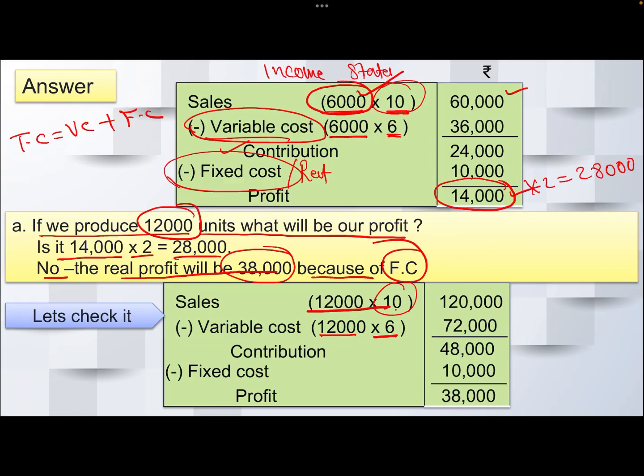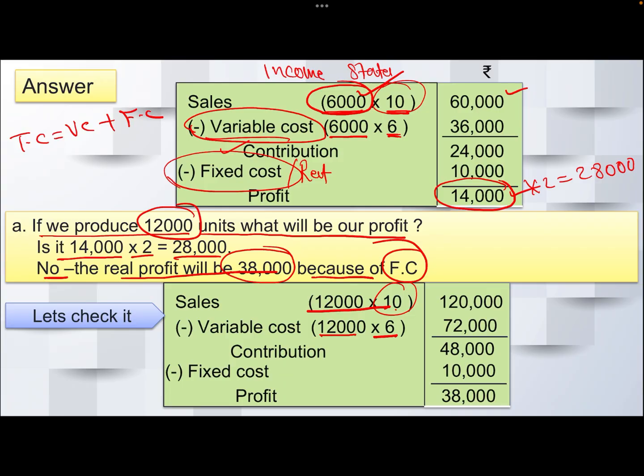You know one thing: if we get a question from this particular area, marginal costing, first you should try to prepare the marginal cost sheet. What is that? Nothing great. This income statement is also known as the marginal cost sheet.